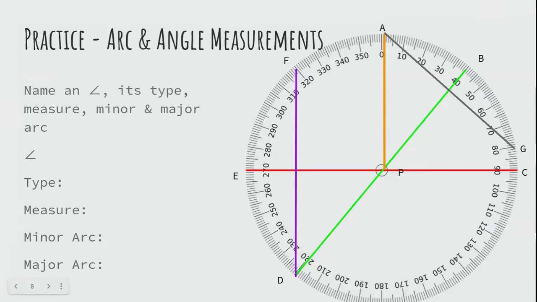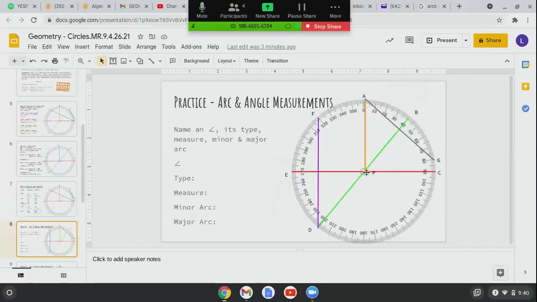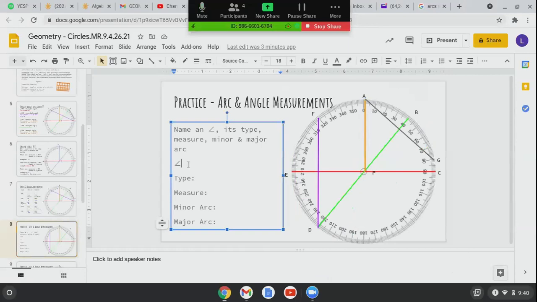Name an angle that you see. I see AP. We went from A to P, and then which way are we going, left or right? It doesn't matter. We can go left. So we're going A, P, E. We are going from A to P to E.